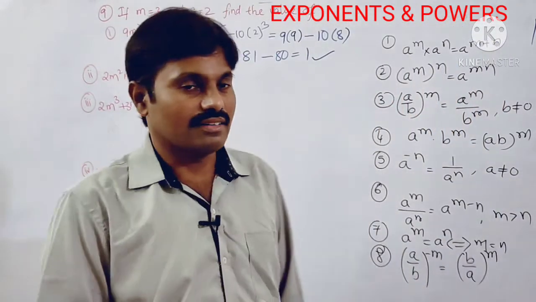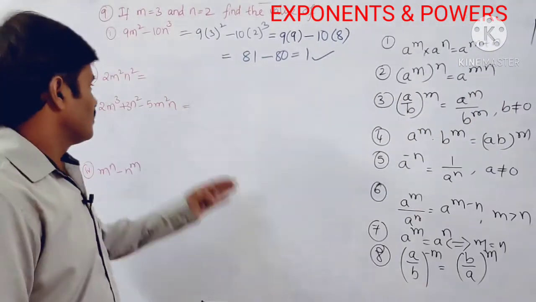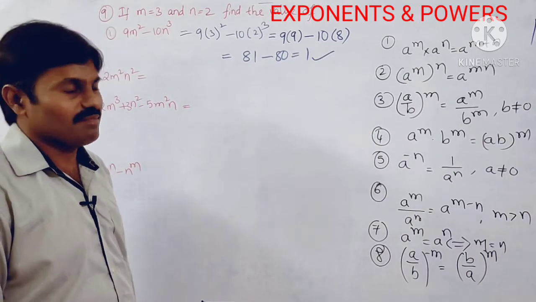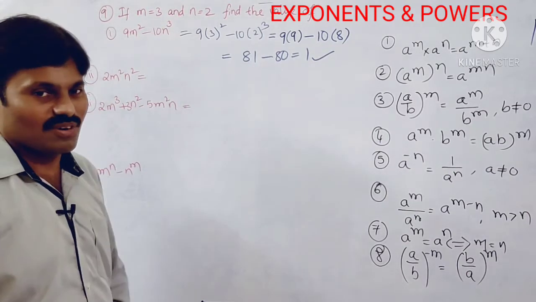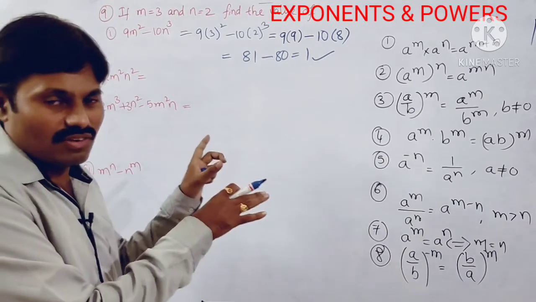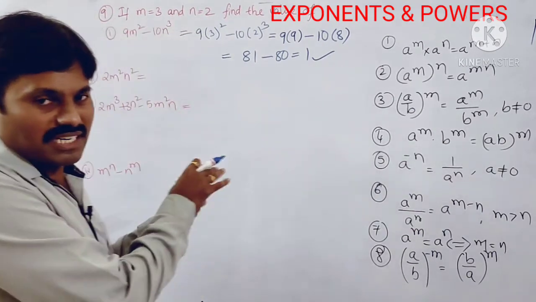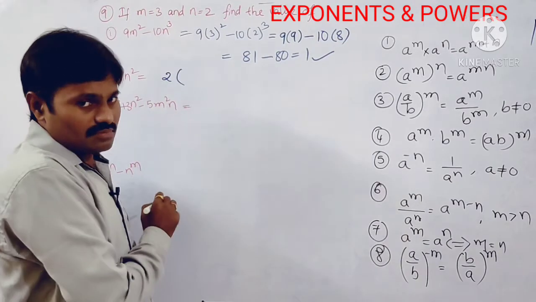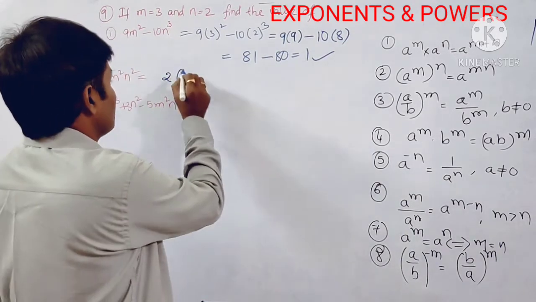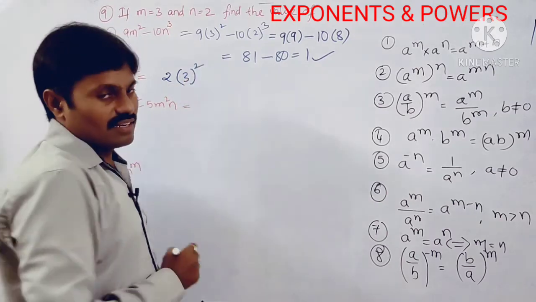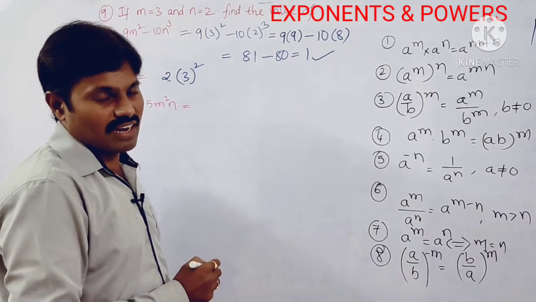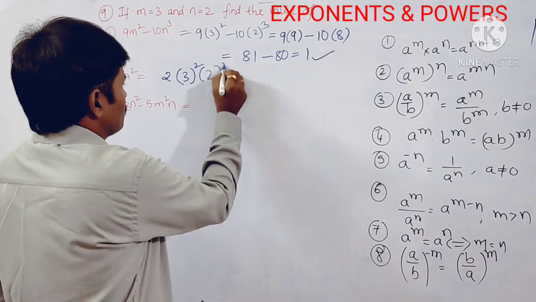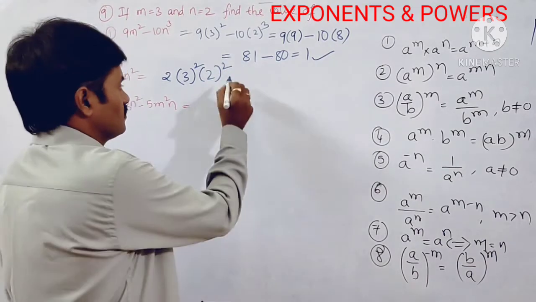Okay, clear beta? Now we are going to solve the second expression, that is 2m square n square, where m is equal to 3 and n is equal to 2. Just put the values of m and n in the given expression and simplify. See, very easy. 2 into m value is 3, so 3 square, n square, n value is 2, so 2 square.